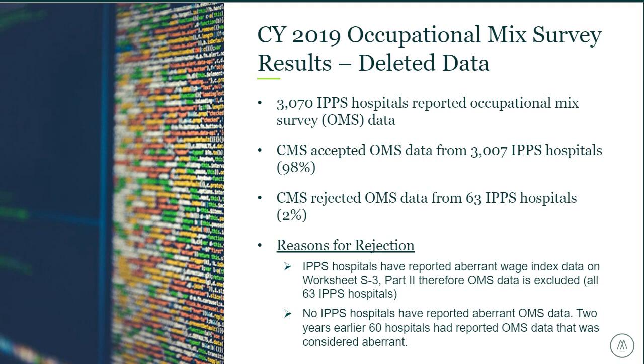But there was about a 2% rejection rate related to 63 IPPS hospitals. These hospitals with the rejection of the OMS data were omitted from the Medicare rate setting process because their wage index data was considered to be, in simple terms, just outliers. Thus, the OMS data itself was not considered to be out of tolerance, but instead it's being excluded because of outlier data associated with the wage index information.